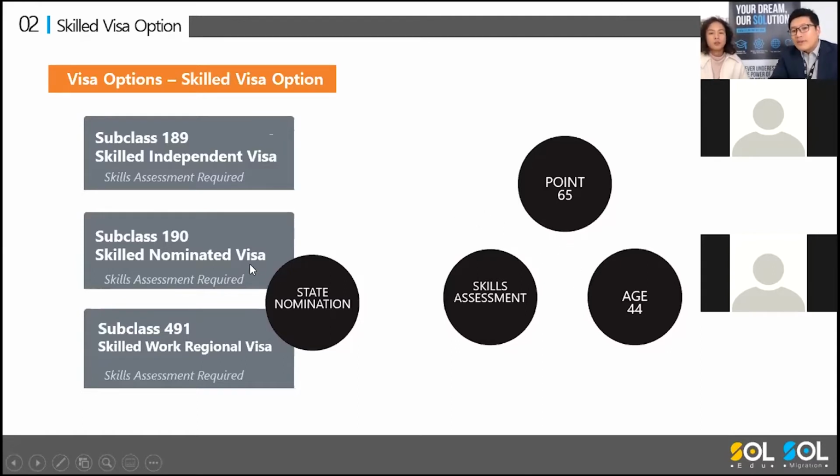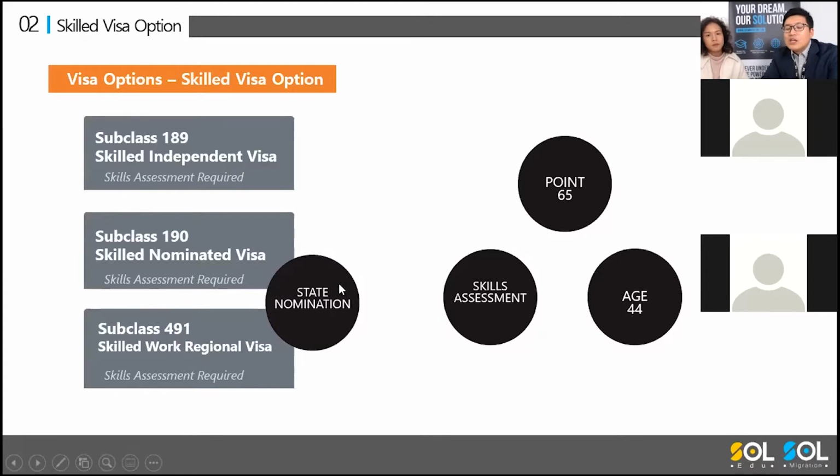But 190 and 491, I will touch on those visas in detail at a later stage. 190 and 491 operate based on points as well as state nomination. Without state nomination, you cannot apply for the subclass 190 and subclass 491 visa.